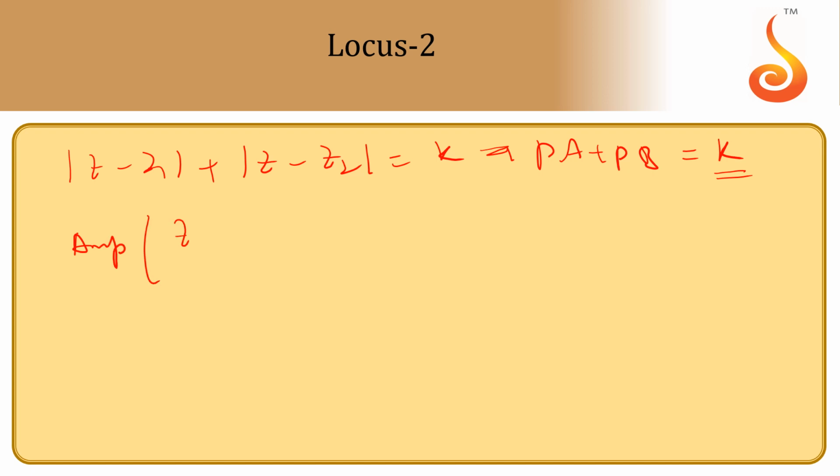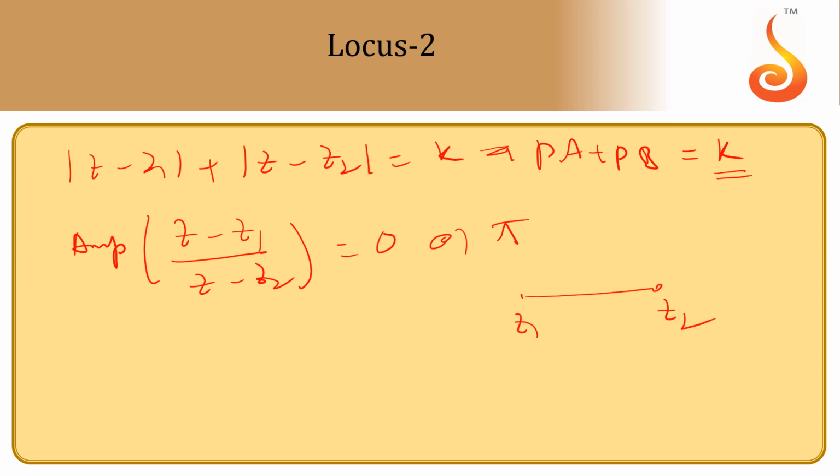Suppose the amplitude of (z minus z1) by (z minus z2) equal to 0 or pi. What does it mean? At z, the line segment z1 and z2, so z1 and z2 are two points. At z, it is making either 0 or pi. Suppose I take a point z in the internal dividing position, then what is z minus z1?